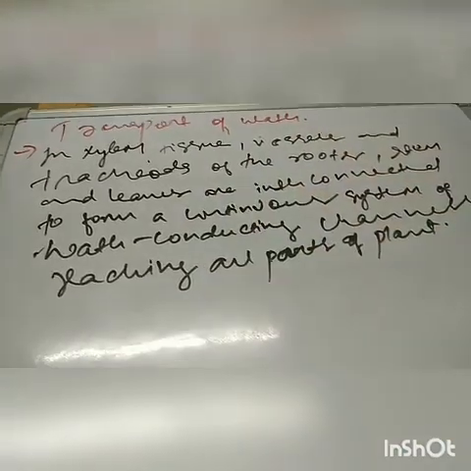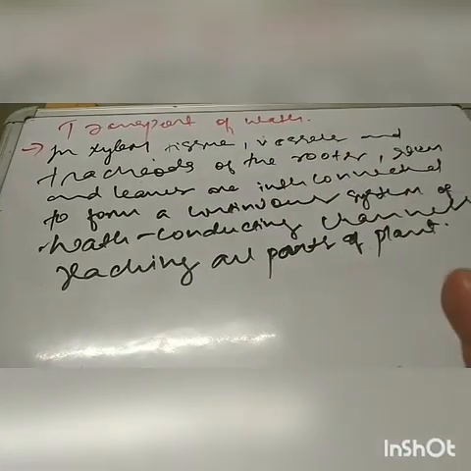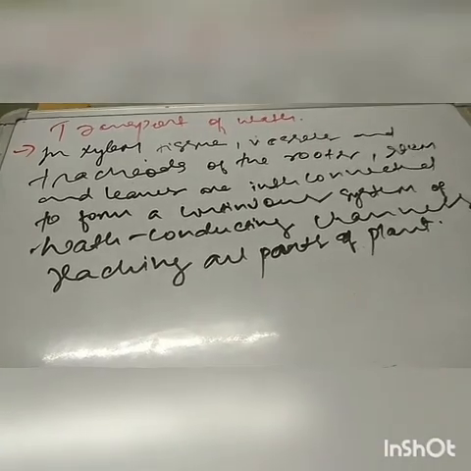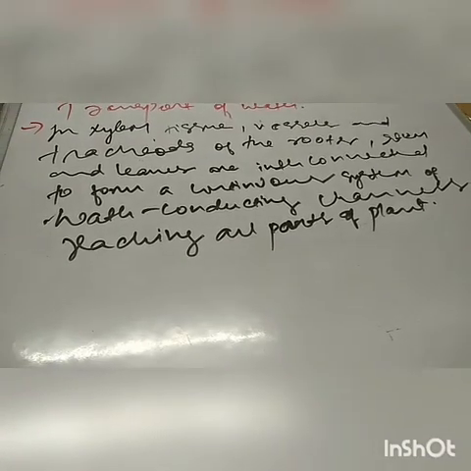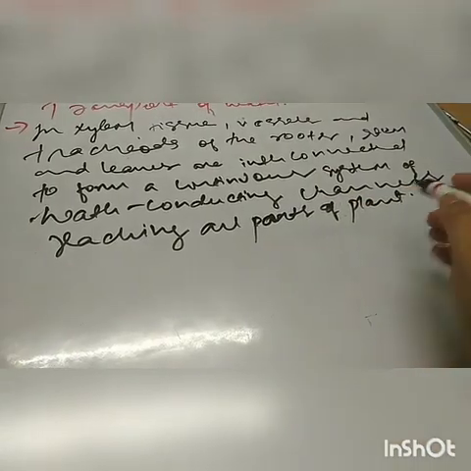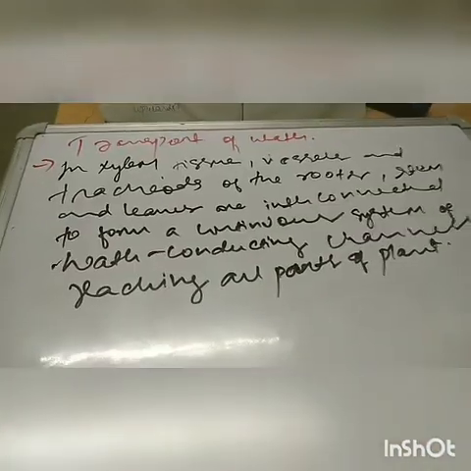So all of them are interconnected to form a continuous system of water conducting channels, reaching all parts of plant, right? So everywhere in roots, stems, leaves, there is interconnection of the xylem tissue to form a continuous system of water conducting channels, reaching all parts of plant.